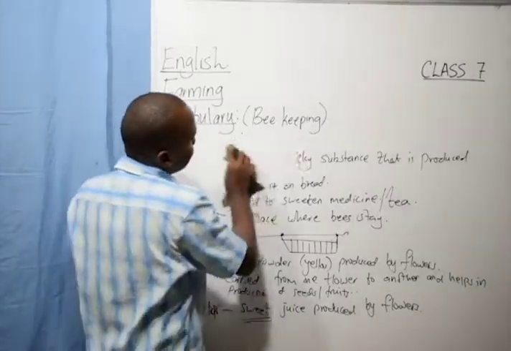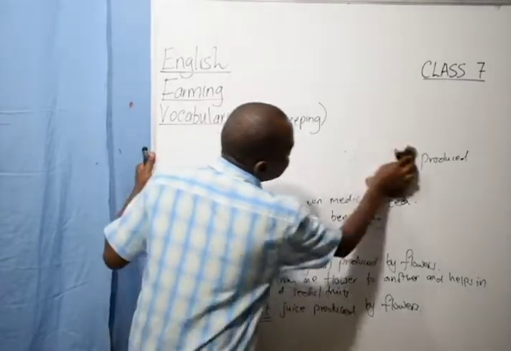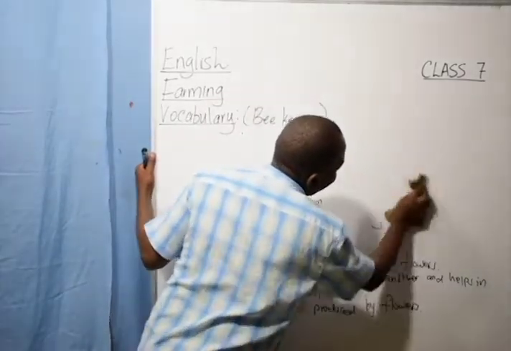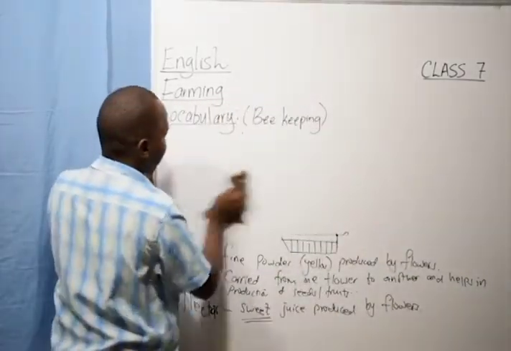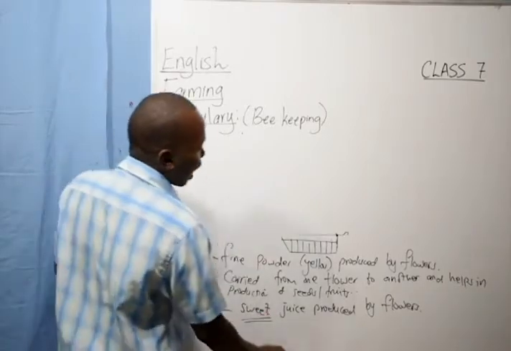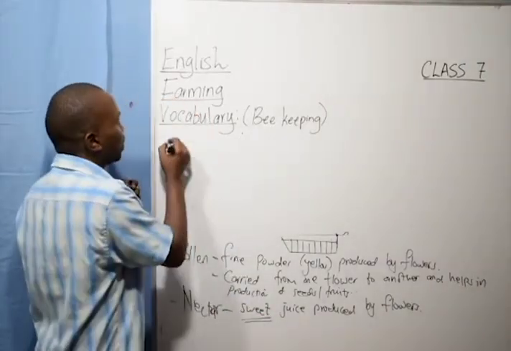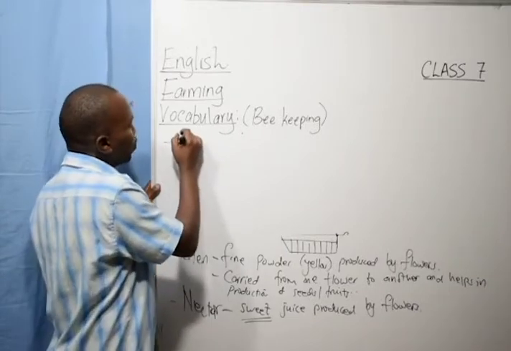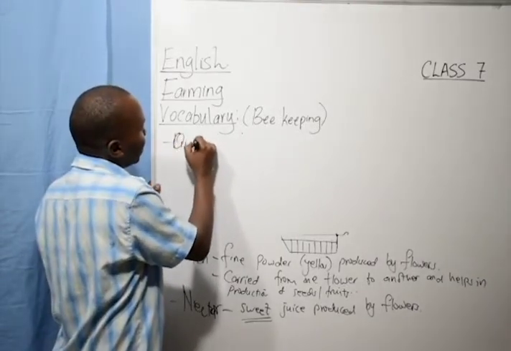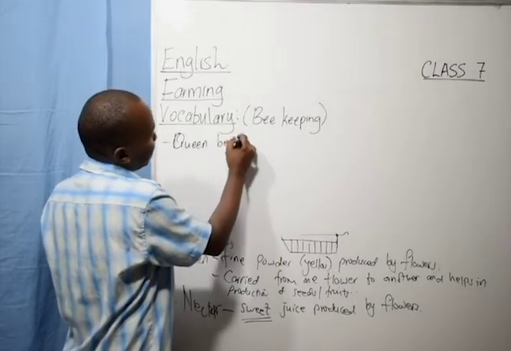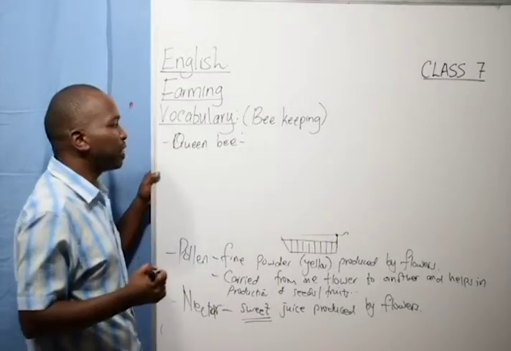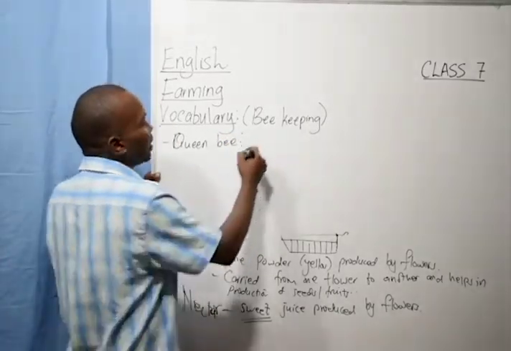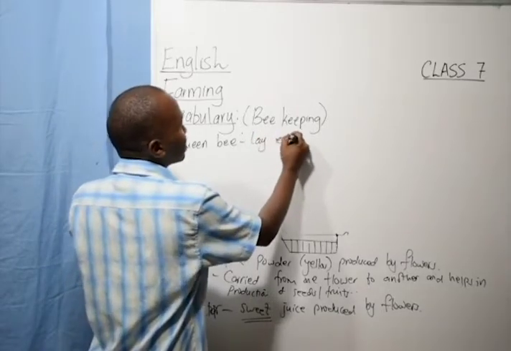Now, when it comes to the colony, because bees live in what we call a colony, a community, or a group, the bees are very organized. There is the queen bee. The main purpose of the queen bee is to lay eggs.